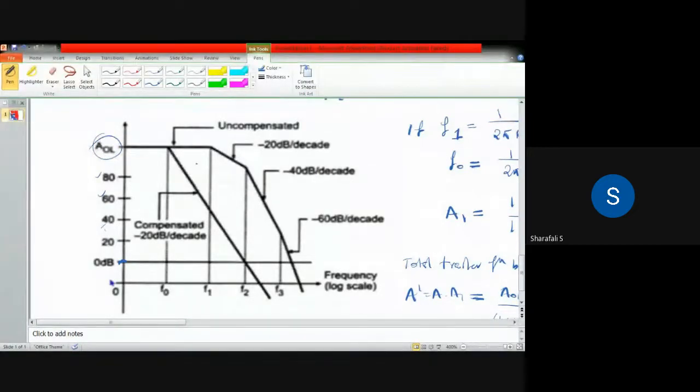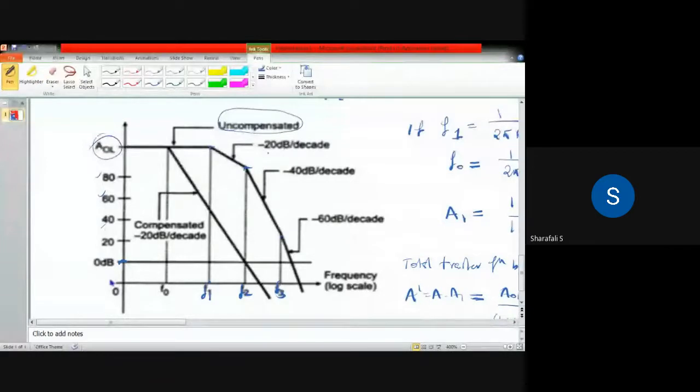From this we can see that if the circuit is uncompensated, then we will have three different break frequencies: one here, f1, then a second break frequency at f2, and a third at f3. Before discussing bandwidth, we'll discuss the compensation.